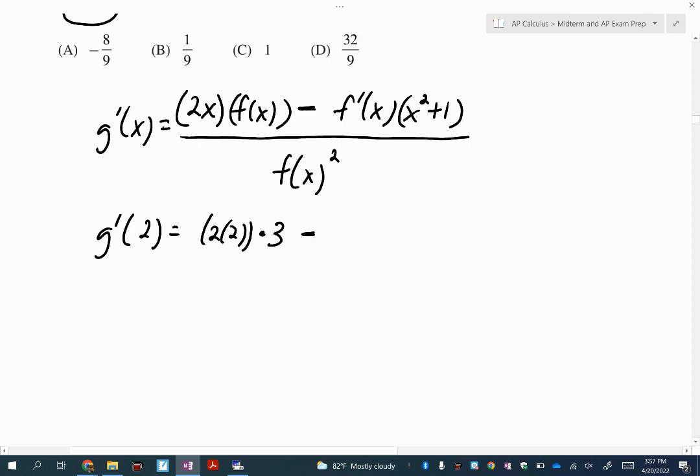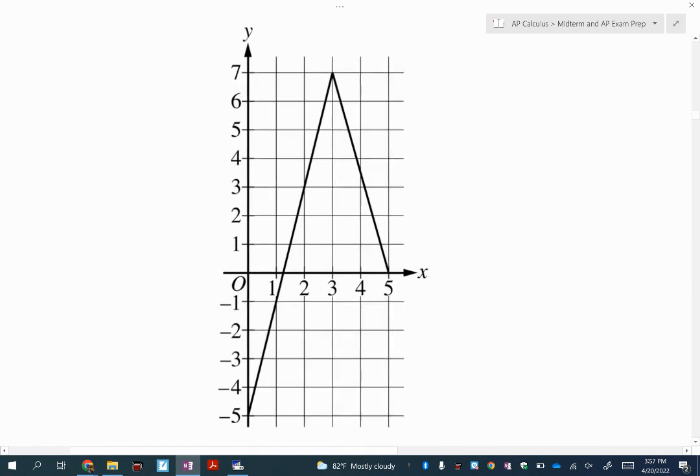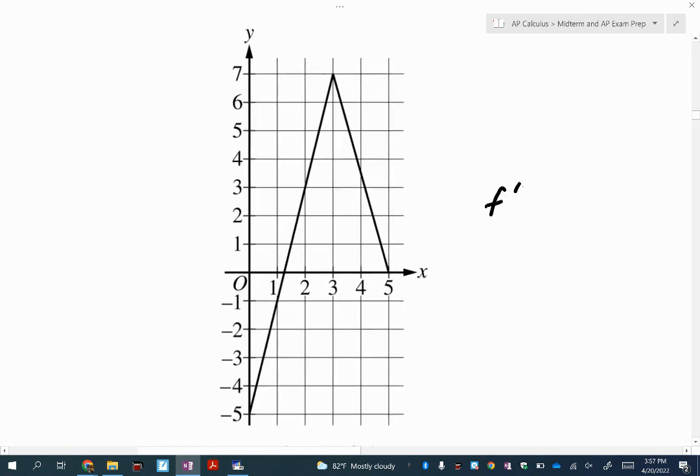Minus, okay, this is where we're going to get mad at me. Do you see the function f? We want to do f prime at 2. So you go to 2. You see where it is? What's the slope of that line? 1, 2, 3, 4 over 1. So what's f prime of 2? It's 4.